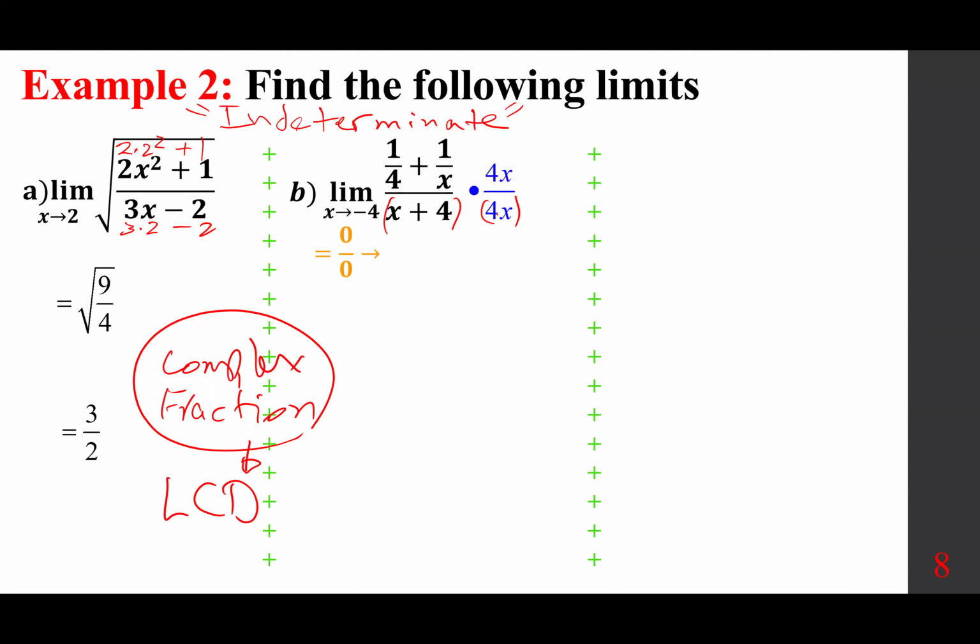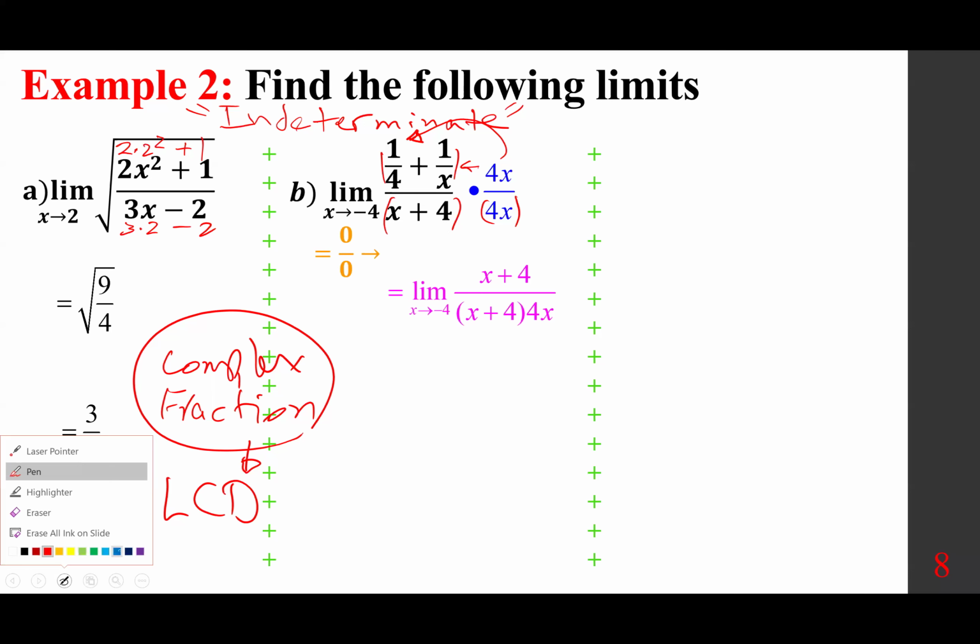you never distribute. You just keep the bottom as a product, but you do distribute the top, which means if you multiply 4x by 1/4, you get x. You multiply it by 1 over x, you get 4. And notice now, we were hoping that we get the same factor of x plus 4 so we can get rid of it.